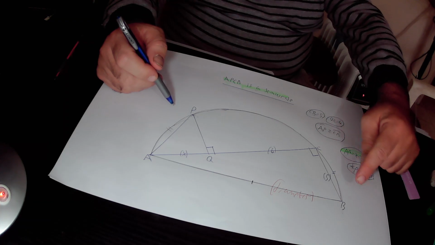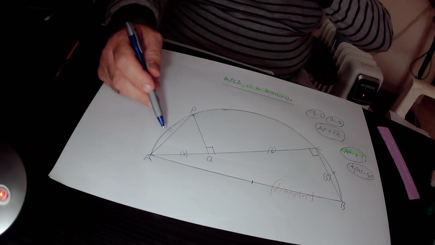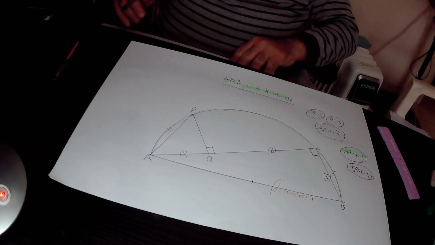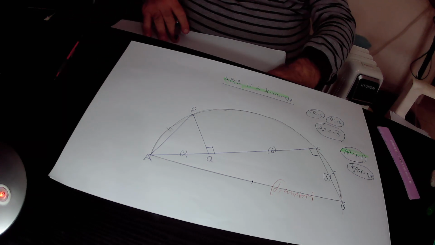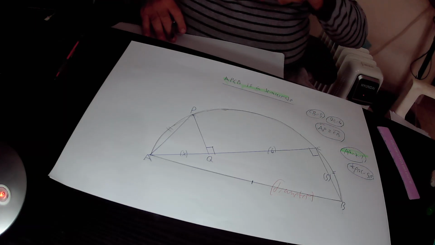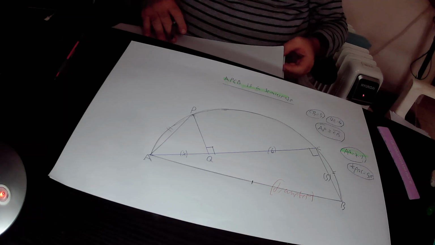That is to say, chord CB equals chord PA in its length according to rule 56. So until now, I found that chord CB equals chord AP in its length according to rule 56.